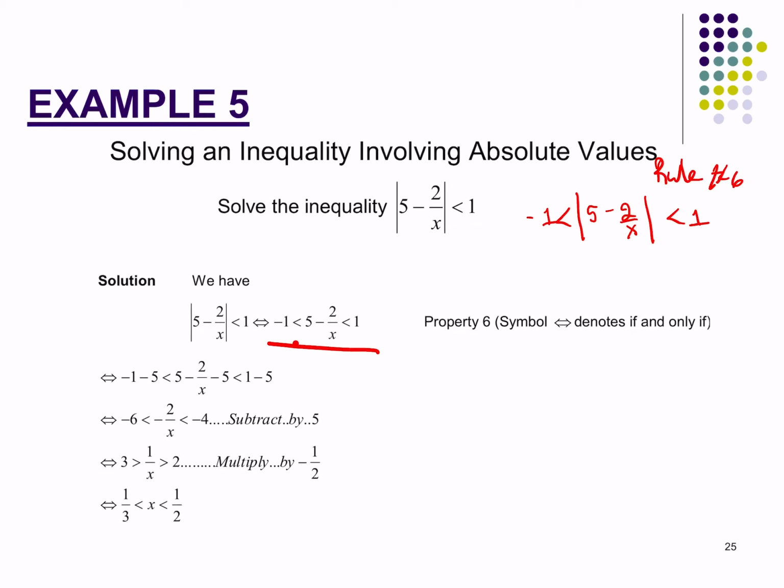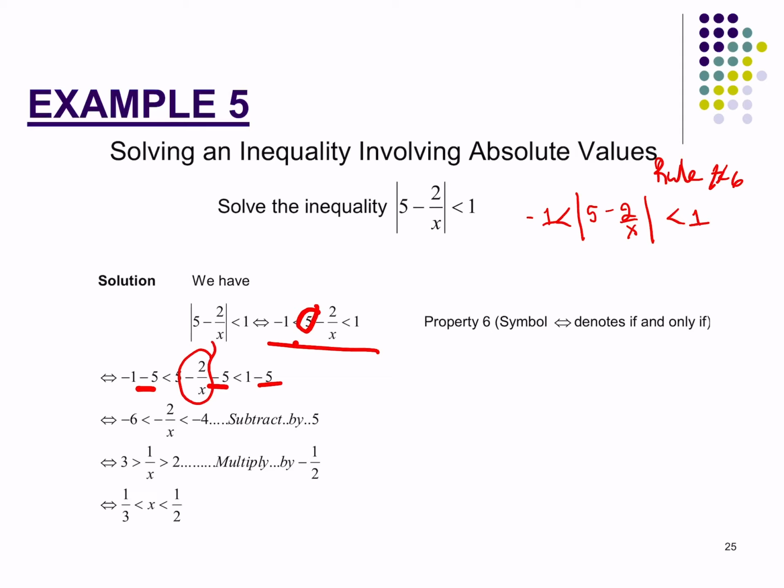Okay, then if you want to remove the plus 5 here, you have to subtract 5 on both sides, and also in the middle term as well. In the middle term, you will be left with minus 2 divided by x, and then 1 minus 5, minus 1 minus 5, becomes minus 6.